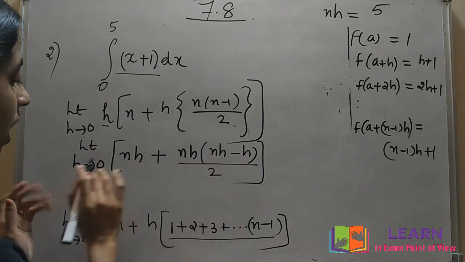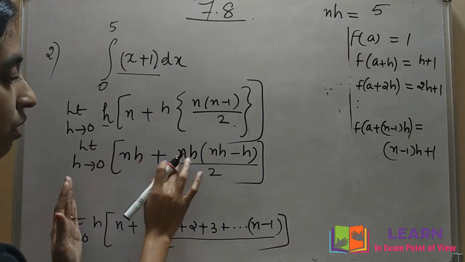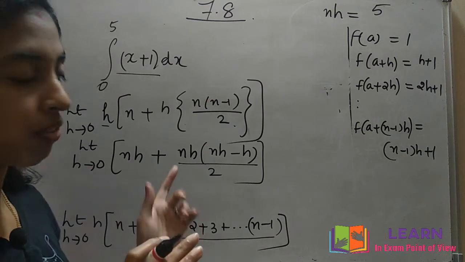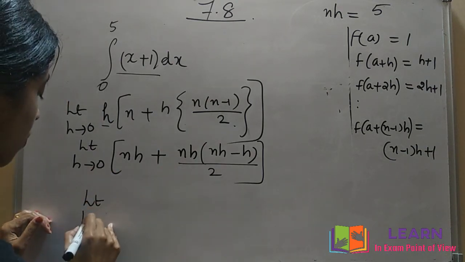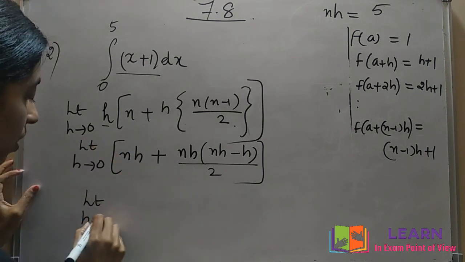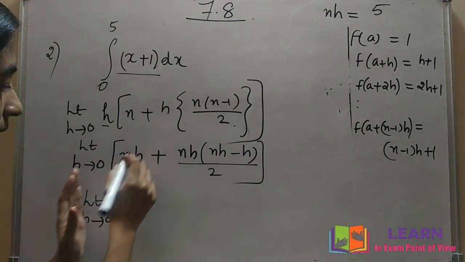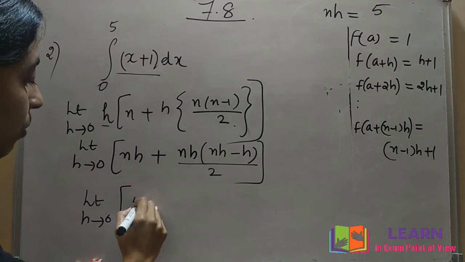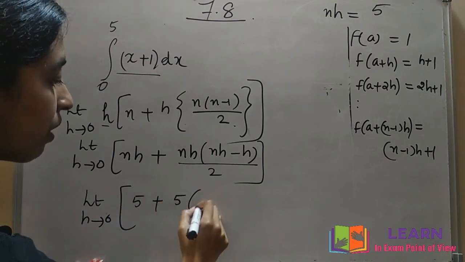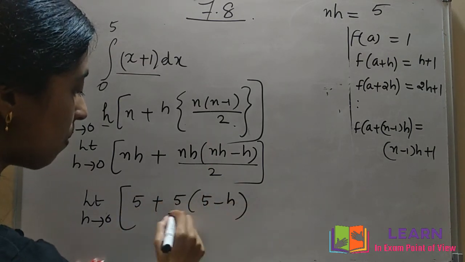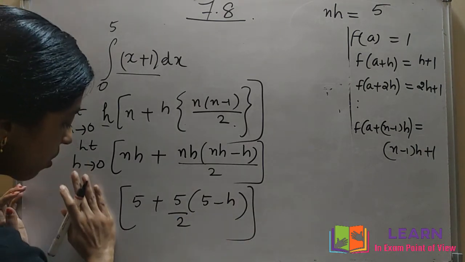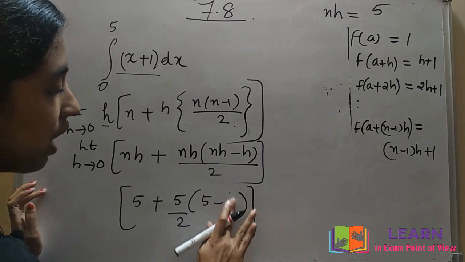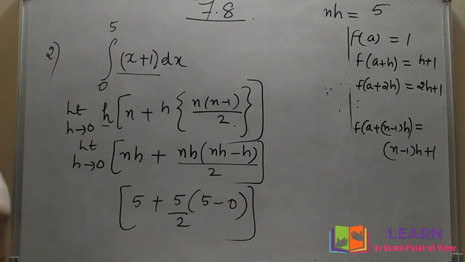Now you can apply the limit and put the value 5 in the place of nh. So the final step: before applying the limit, just put that 5 here, 5 plus 5 into 5 minus h by 2. Then applying the limit h tends to 0, that means in the place of h you substitute 0.